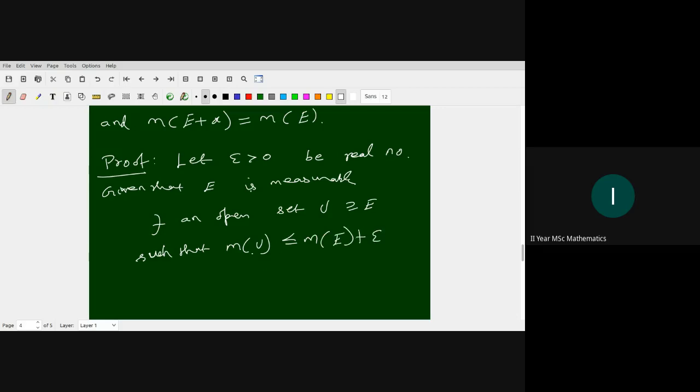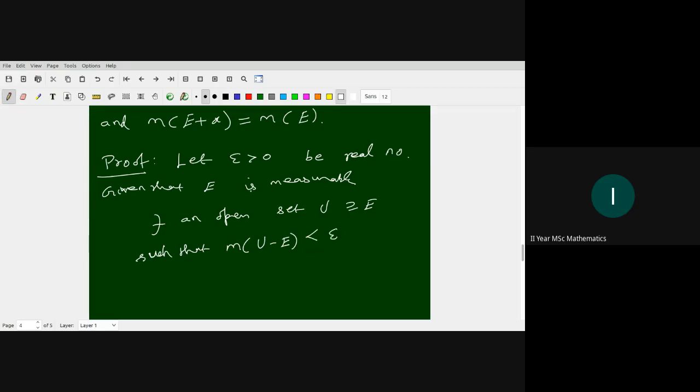In the regularity theorem, we have the statement that m star of U minus E is less than or equal to epsilon, or less than epsilon.